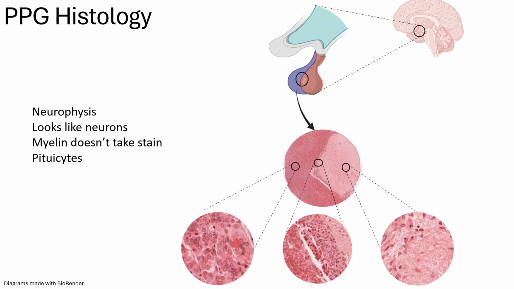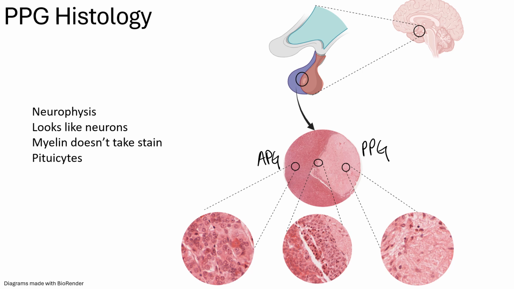The posterior and the anterior pituitary glands differ a lot in their histology. The posterior pituitary gland stains very lightly due to the content of neurons and myelin. There are capillaries in there. While the anterior pituitary gland stains very darkly with those cells that are secreting their own hormones.